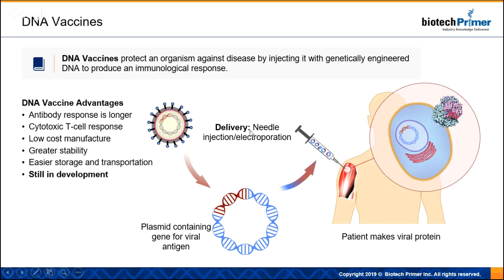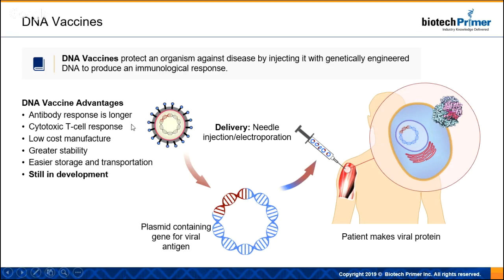So basically, send a pulse of electricity along with that injection, and this induces the muscle cells to take up this DNA and then subsequently make that protein. One of the reasons companies are pursuing this approach is it has a couple of advantages. One, again, a better immune response.